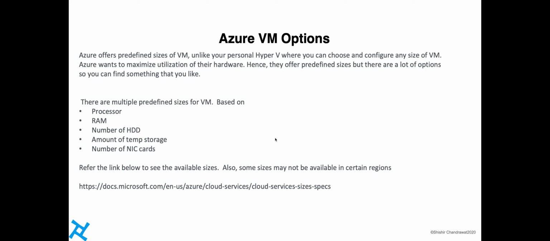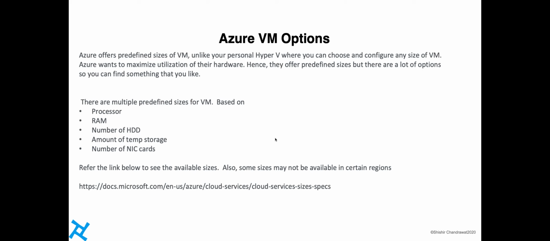Like I said, for Azure, it's like a builder. They have to maximize the utilization of their hardware resources, and hence they have told you that these are the predefined machines which you can create. But of course they offer you a lot of options, and you are sure to find something which you really like among all those options.